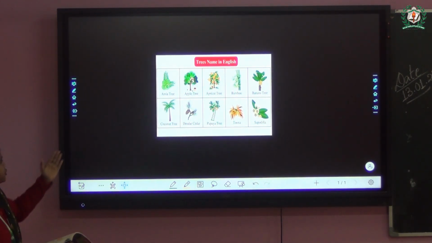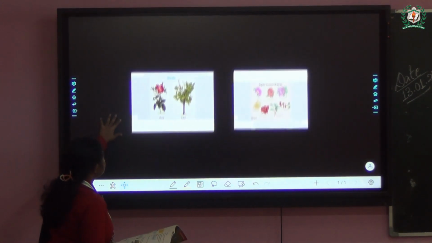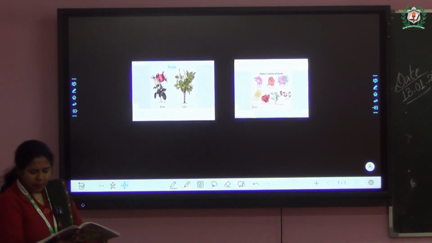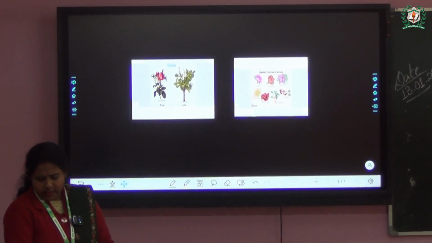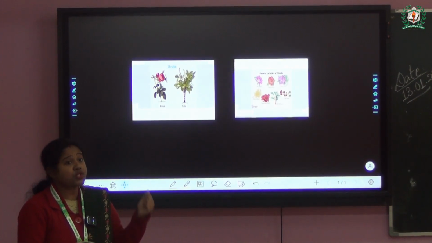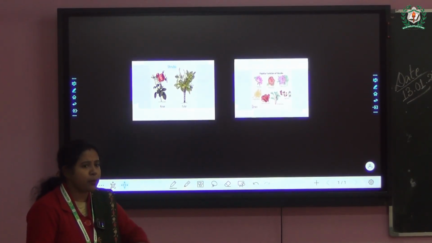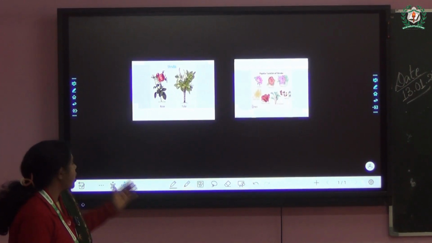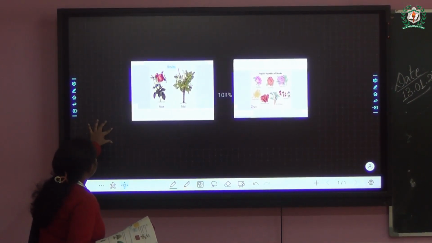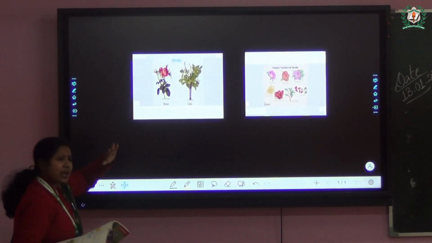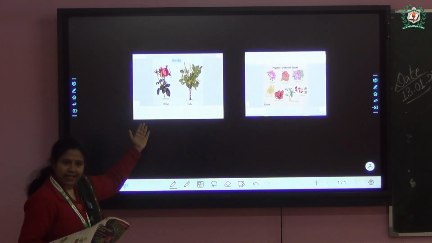So let's move to the next type of plants, that is shrubs. The plants that are small, that have strong stems and grow like bushes, are called shrubs. See, trees are so big in size, but shrubs are not like that.